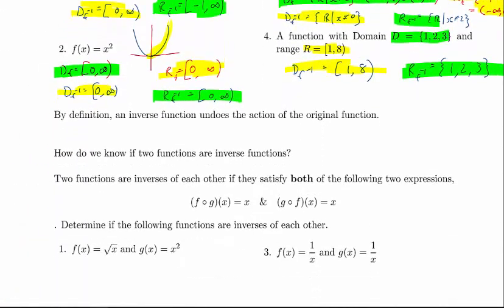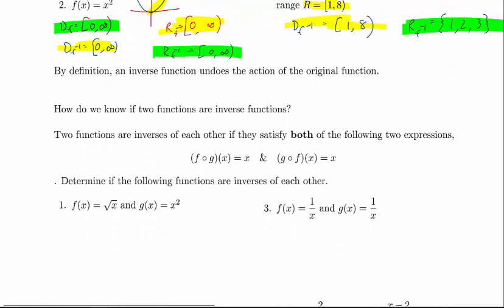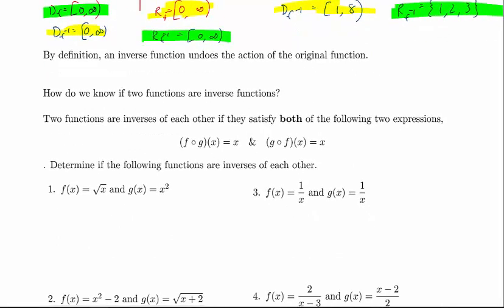As I've already talked about, an inverse function undoes the action of the original function. And so how do we know if two functions are inverse functions? We know by the following expression: f composite g of x, which is f of g of x, equals x.